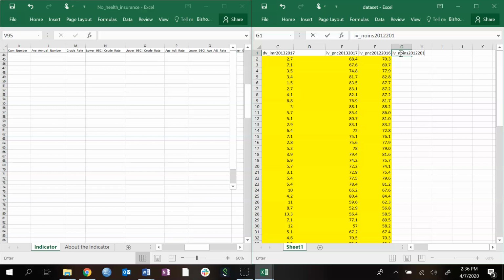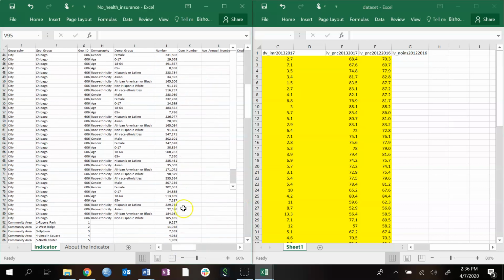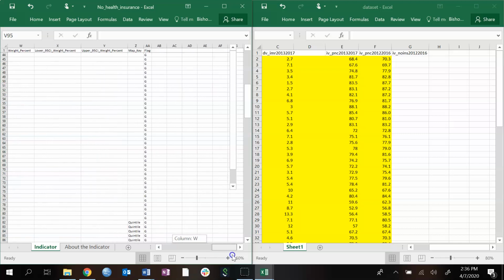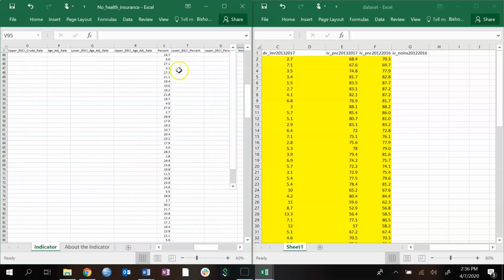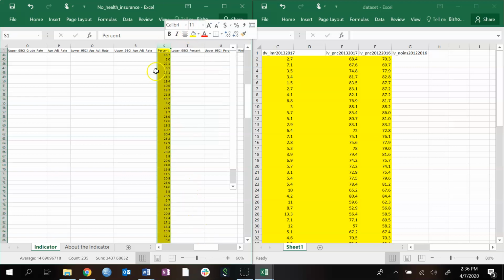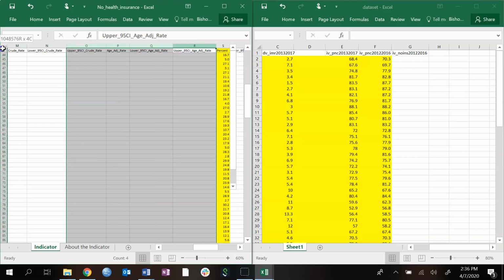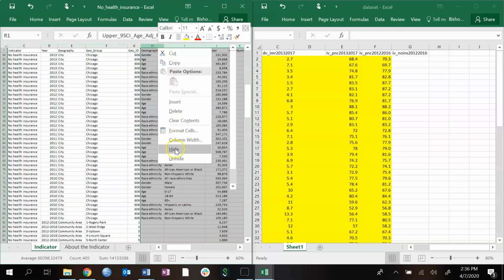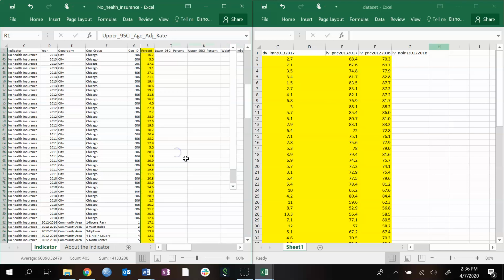2012 to 2016. Okay, so now we're going to find out where this data is. It's in this percent column here, which is fine. Let's highlight it. And then we'll hide all these other columns because we want to get our community numbers right up against our data so we make sure that we're getting the right data.